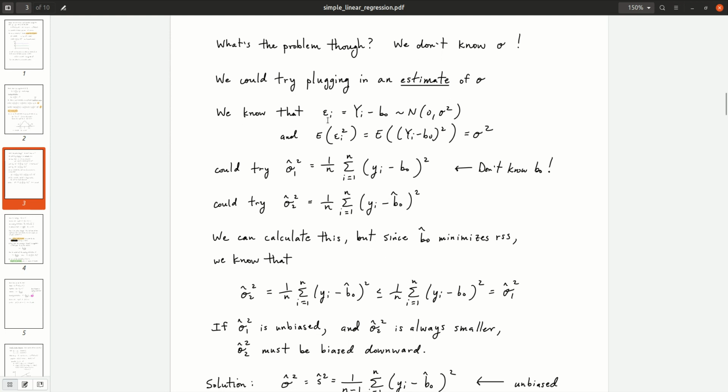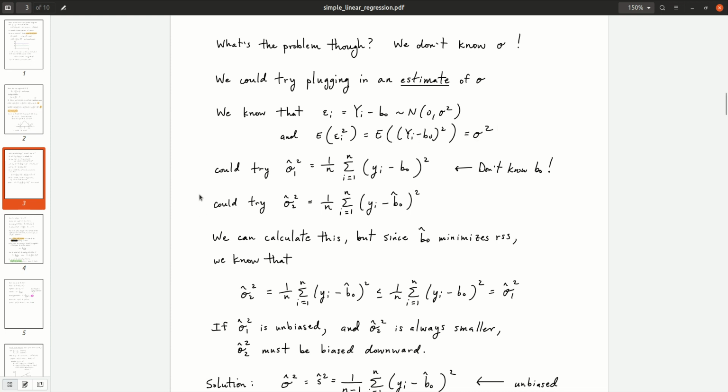Okay, so if we look at this quantity, which is just epsilon i equals yi minus b0. I'm just taking the model formula and solving for epsilon i. This thing is normal, mean 0, variance sigma squared. And then if you square epsilon i, because it has mean 0, its expected value is equal to the variance sigma squared.